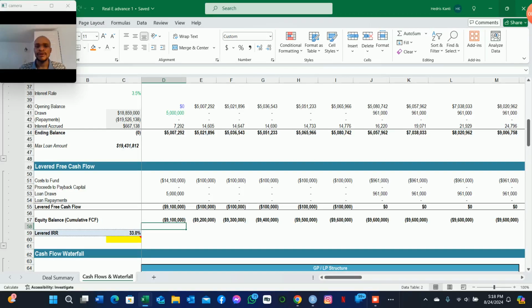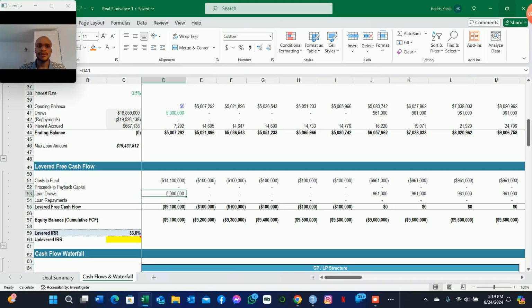Let us calculate the unlevered internal rate of returns. I could just write it here. Unlevered. So this is the rate of return that doesn't take into account the debt that was injected into this project.